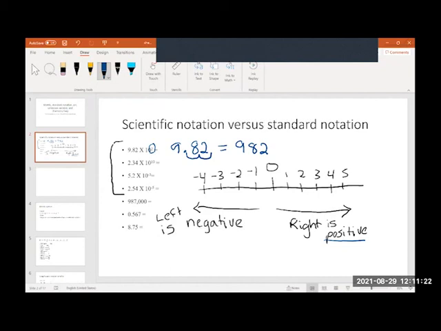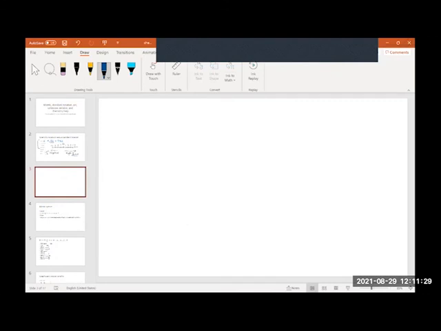Okay, what about 2.34 times 10 to the 10th? Let's do that one. Well, first we look at this number that is the superscripted number above the value 10. So we have 10 to the 10. Is that number positive or negative? It is in fact positive. And that means we will move our decimal point 10 positions to the right.